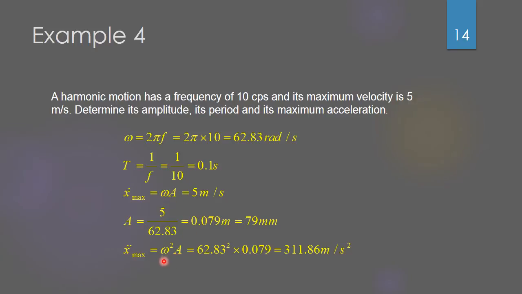Then you just plug the values of omega that we found in the very beginning, and the value of A, which is 79. Then x double dot max, which is the maximum acceleration, is 311.86 meter per second squared.